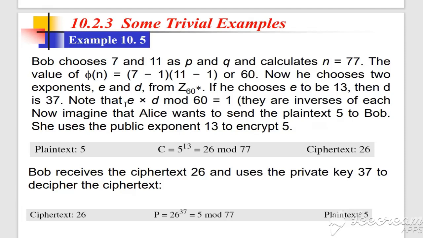We know E is 13 in this case, so we have to find D. Both are the multiplicative inverse of each other, so D should be such that if we multiply them, it should give a remainder of 1. So here we can get D to be 37.